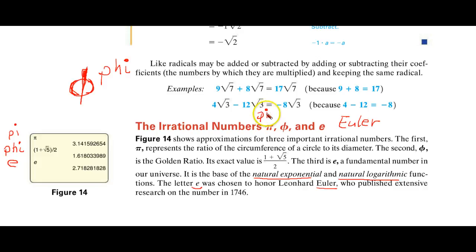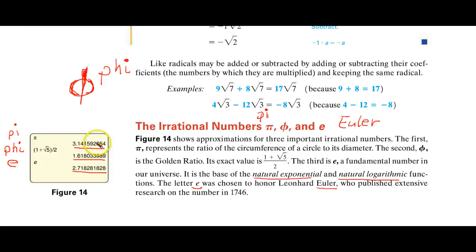And where it sounds like pi, I don't believe it has an E there. So there is pi, and this is an evaluation of it. This would be phi, which is this Greek symbol, which is this approximation, and this is E, which is this approximation.